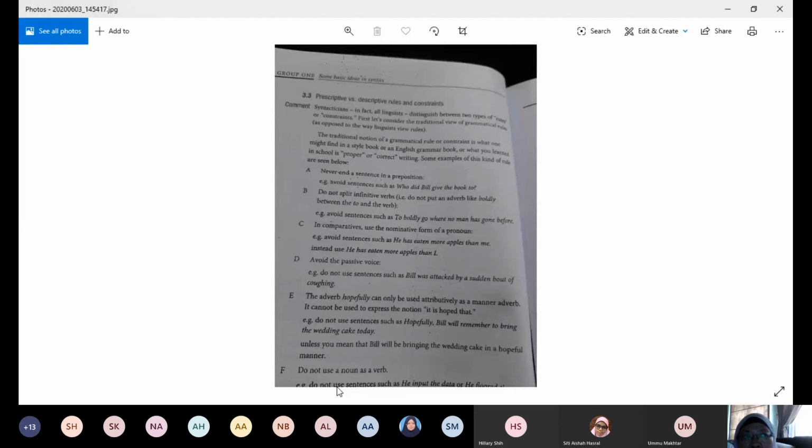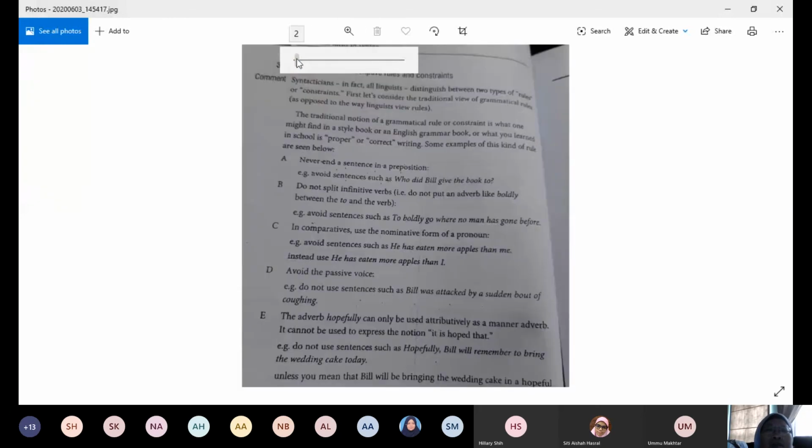They have the feature of plural or singular, and they have the feature of case, nominative and accusative. So these are features. The new way of looking at it is looking at features. Later we will see what that means.